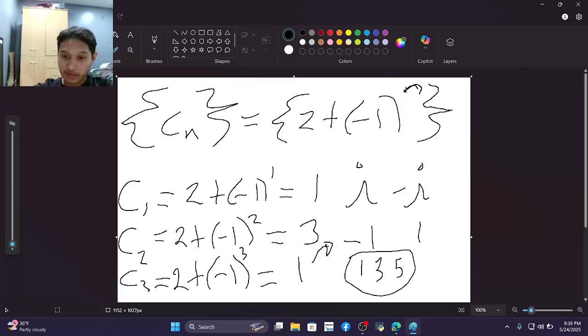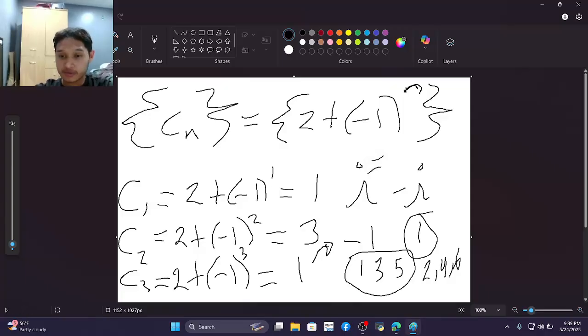But if we use 2, 4, 6 and so on, the even powers, we are always going to get a positive number, 1.